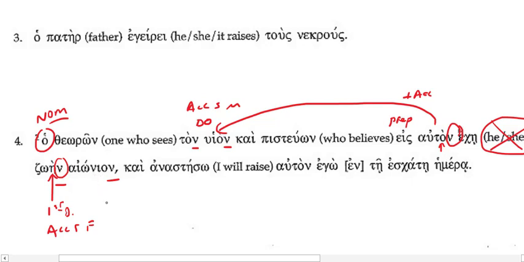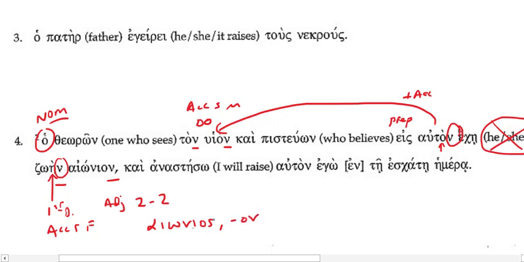Ah, that's an adjective, isn't it? But it's a two-termination adjective. That is, it follows the second declension. What's the lexical form? Aionios. And the other form is aionion.